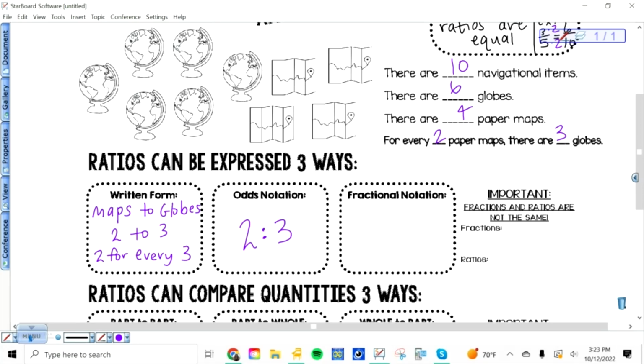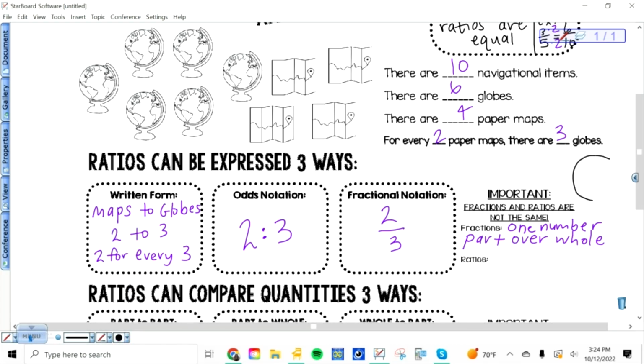Or we can use fractional notation, which looks like a fraction, but really it means something different than a fraction does. Fractions are looking at a part over a whole. And that's just one number, right? 2/3 of something.